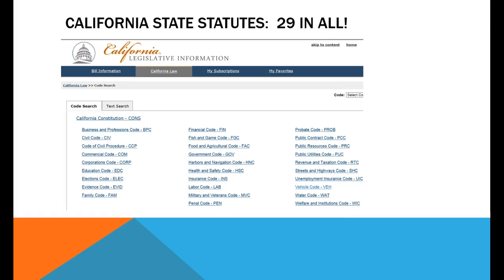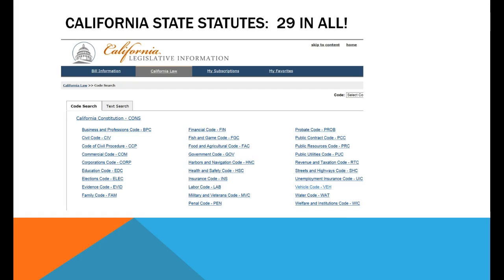Okay, so these are all the California state statutes. And California has a huge population, so we have a tremendous number of statutes. The books can take up an entire wall in the library if you actually go and see the statutes with the cases combined. We have a lot more statutes than most other states because we are one of the most populated states.